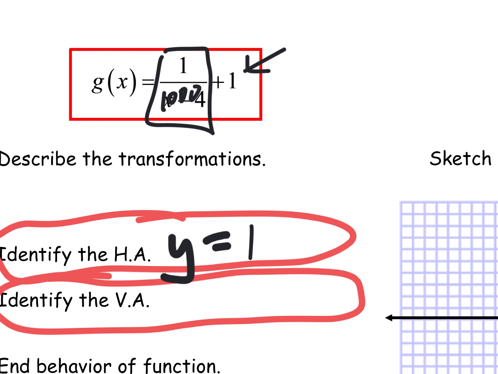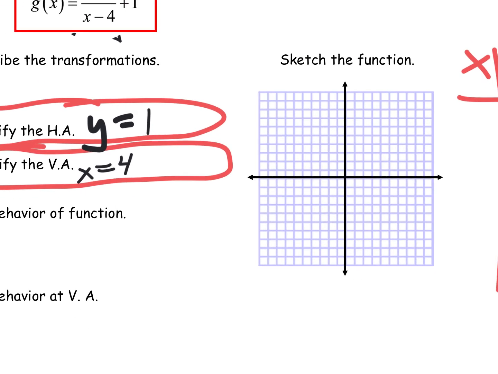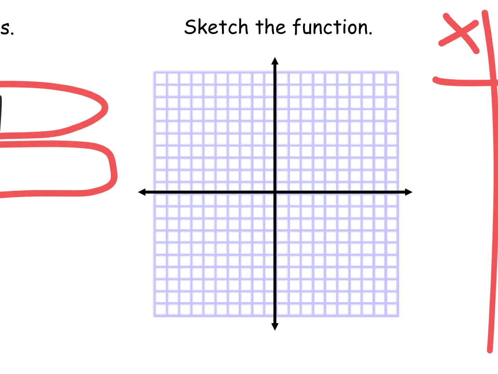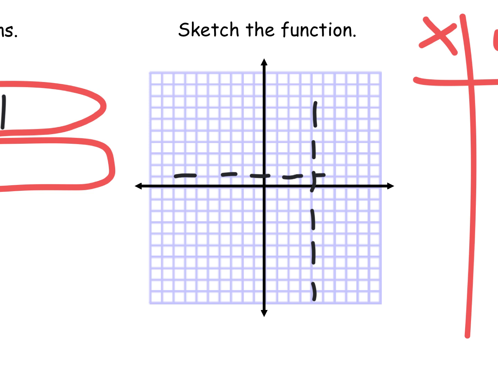Tate, that's you. How do you do the verticals again? Yes, what does? 4. Excellent. So I put in 4, but then I get it wrong. What was it supposed to be? There we go. X equals 4. Good. So now that's a vertical. That means up and down at 4. And the other one's at 1. The horizontal asymptote's at 1.